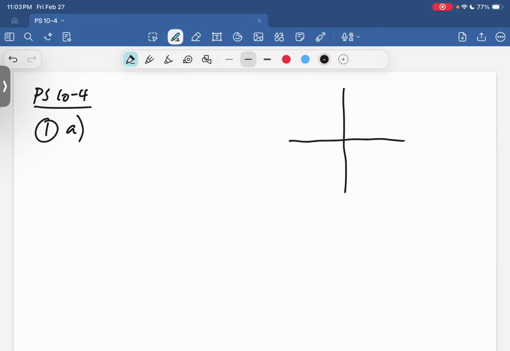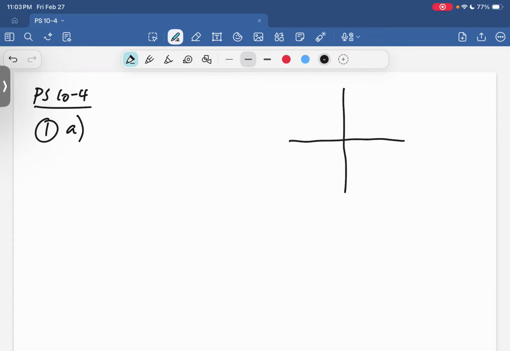So my center is at 4, 5. It's right in between the vertices. So that tells me that A equals 4, because 4, 9 is 4 units away from 4, 5, and C will equal 5. And if I use the formula, B squared equals C squared minus A squared, then that's going to tell me that B equals 3.